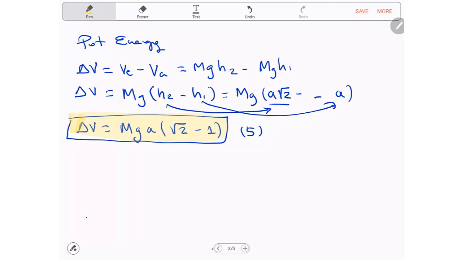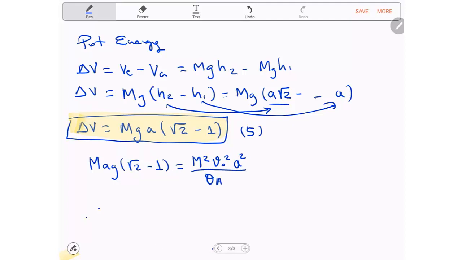When we do that, we get the following: m a g times root 2 minus 1 equals m v0 squared a squared divided by theta a.